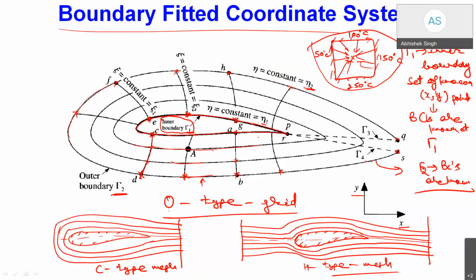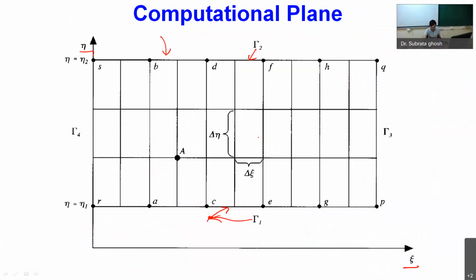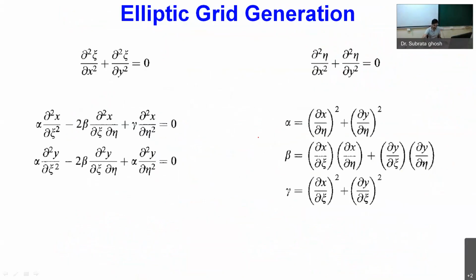So now, as I told you, this particular situation becomes something like elliptic equations. That's why I can write del square zeta by del x square plus del square zeta by del y square equal to 0. This is a Laplace equation, and the nature of this equation is elliptic.